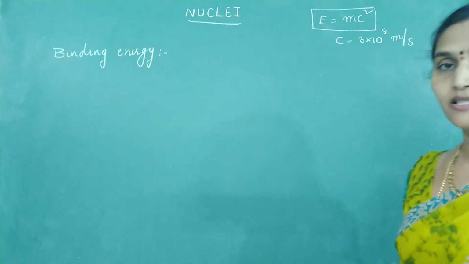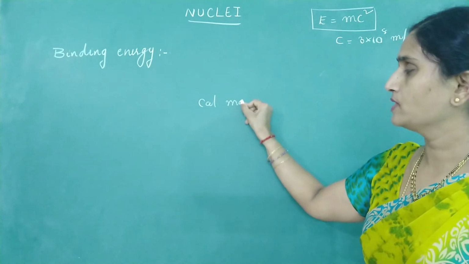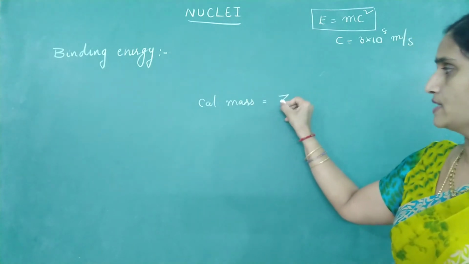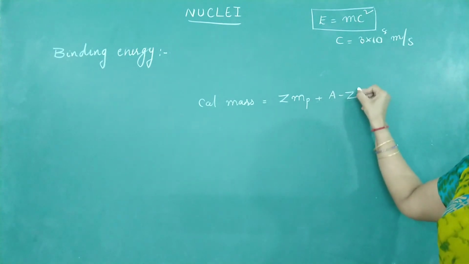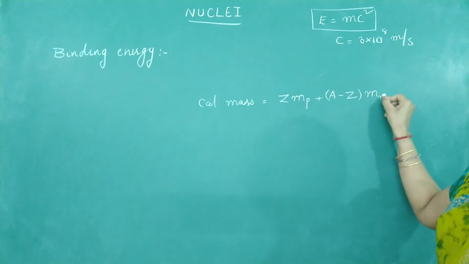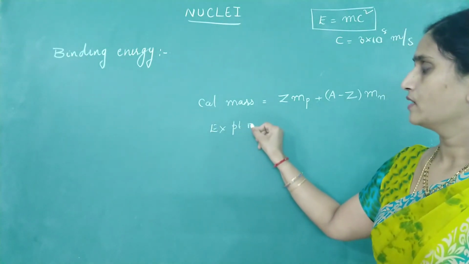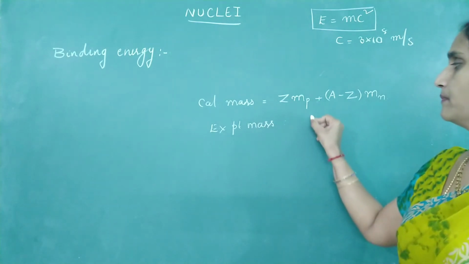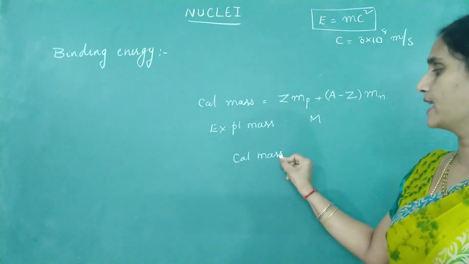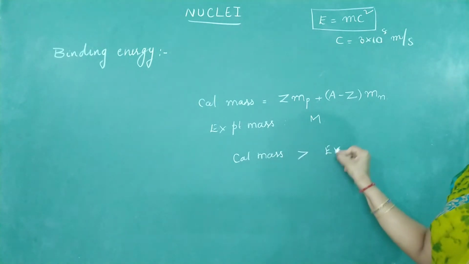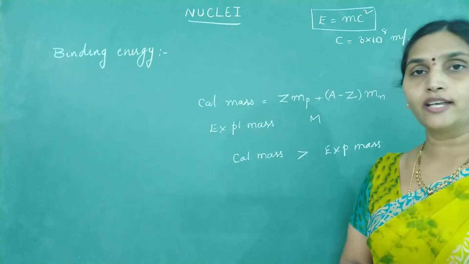So let's go back to mass defect once again. We have seen that the calculated mass of nucleus, which is the sum of masses of all the nucleons present, that is Z into mass of proton plus A minus Z into mass of neutron, and the experimental mass of nucleus, we took it as capital N. Since the calculated mass is found to be slightly greater than the experimental mass, what can we say about the corresponding energies?